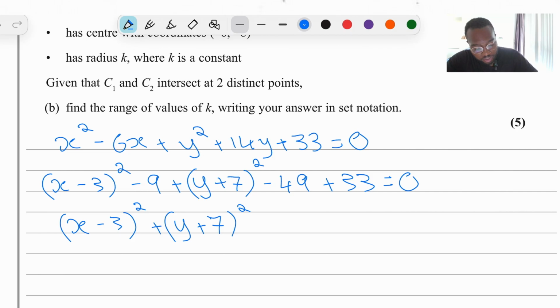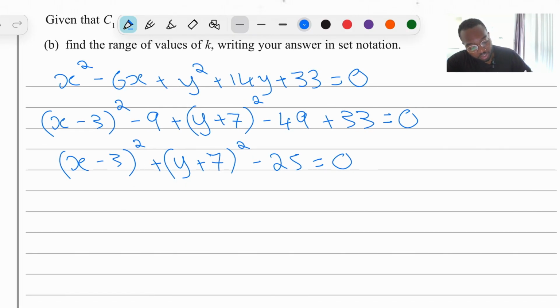Now we have a minus 9 minus 49 plus 33. So that's a minus 58 plus 33, which is a minus 25, and that is equal to 0. Therefore, our equation would be something like this: (x minus 3) squared plus (y plus 7) squared is equal to 25.